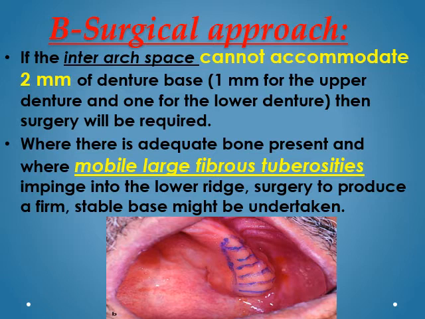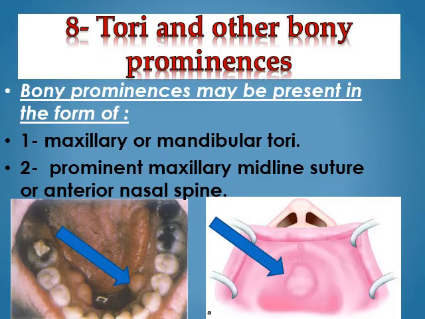impinging into the lower ridge, surgery to produce a firm, stable base might be undertaken. Tori and other bony prominences: the torus palatinus and the torus mandibularis.